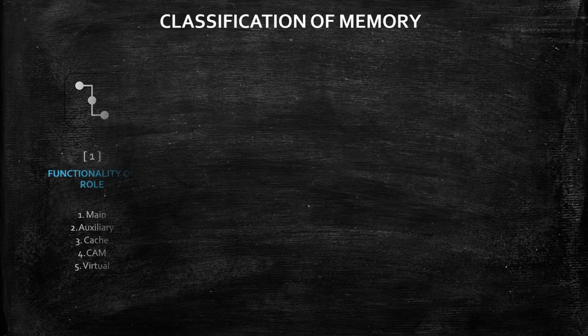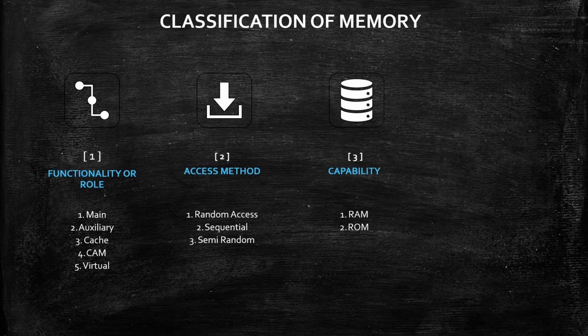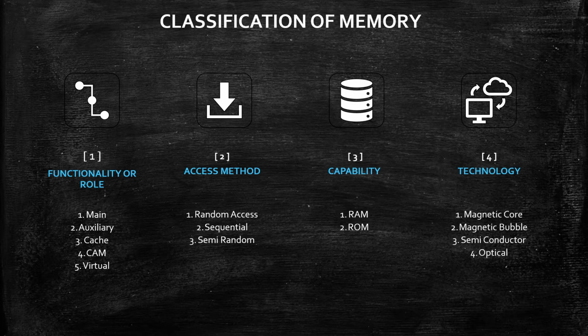Now let's see the classification of memory. Computer memory is classified into four different categories. The very first category is memory classified based on the functionality or its role.